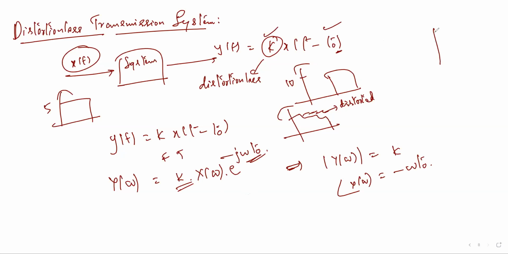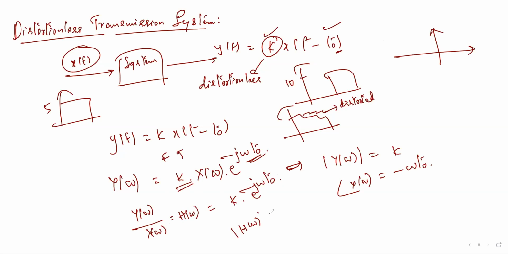If you plot the magnitude and phase characteristics of the system function, Y(omega) by X(omega) is nothing but H(omega). The system function is k times e to the power of minus j omega t naught. So the magnitude of the system function is k, and the phase of the system function is minus omega t naught. The magnitude response is k, constant.